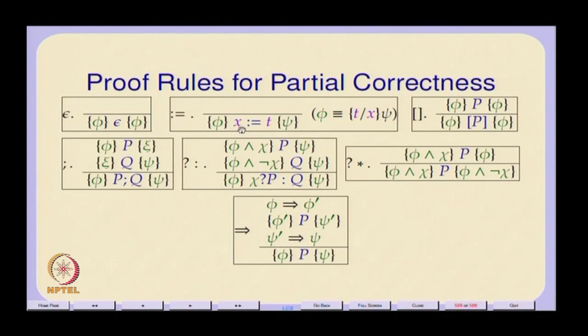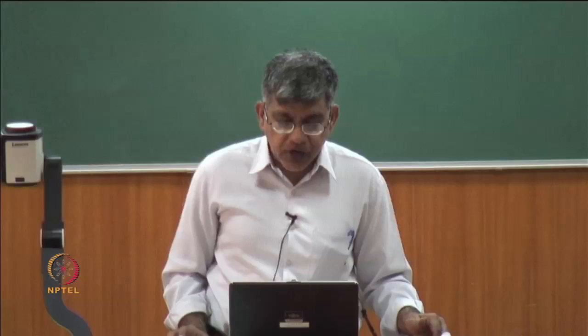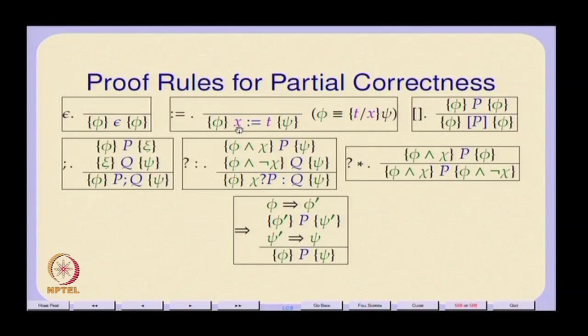Next we come to the assignment, and here what we are specifying is that supposing there is some post condition psi which needs to be satisfied, then an appropriate precondition is one that is obtained syntactically from psi by replacing all free occurrences of x by the term t.